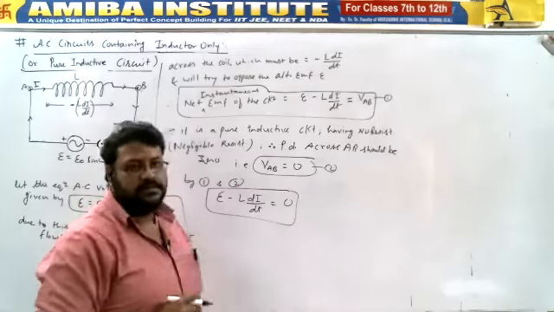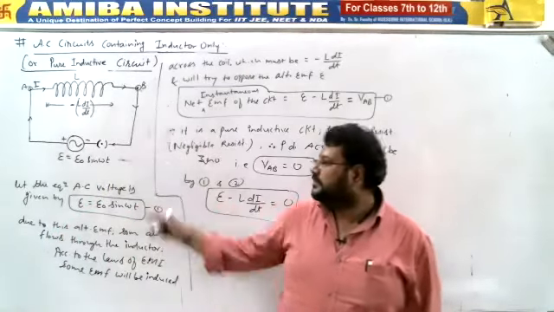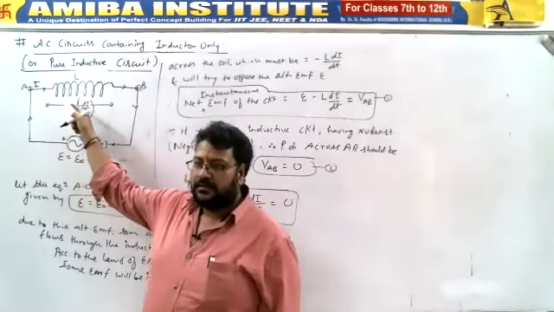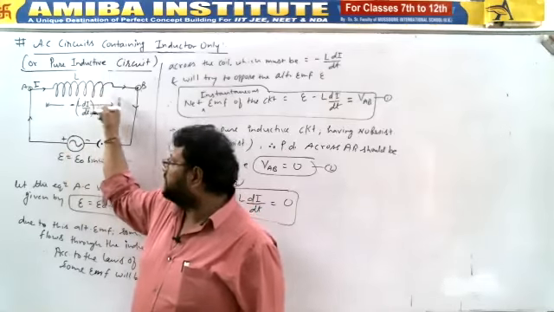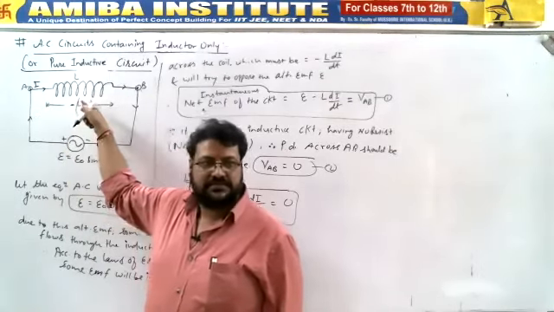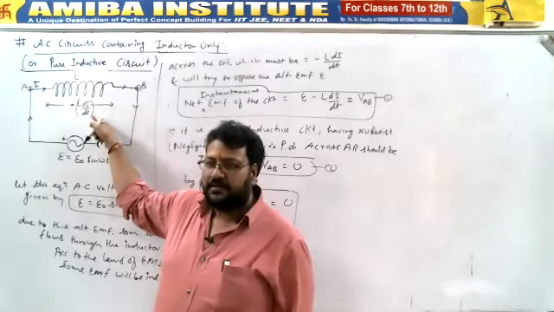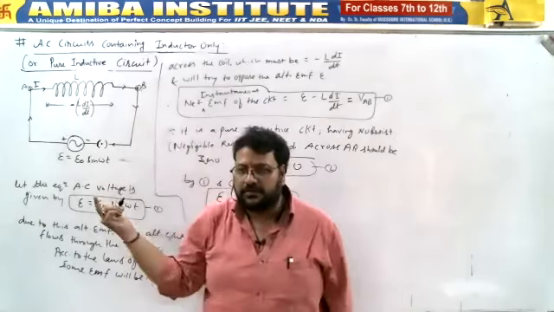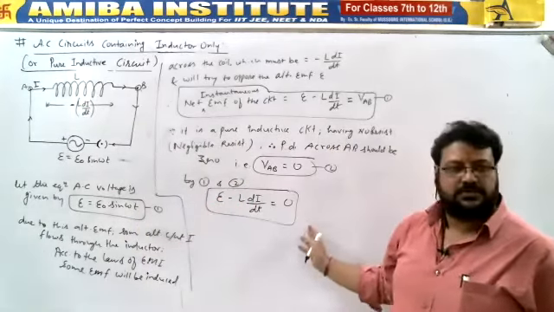Or else, if you don't want it, again apply the KVL. Plus E, one of the EMFs, E1 is E. You are going in this direction, but the EMF is in the opposite direction. So minus the induced EMF, minus L di by dt, is equal to 0. There is no IR element. So E minus L di by dt is equal to 0.